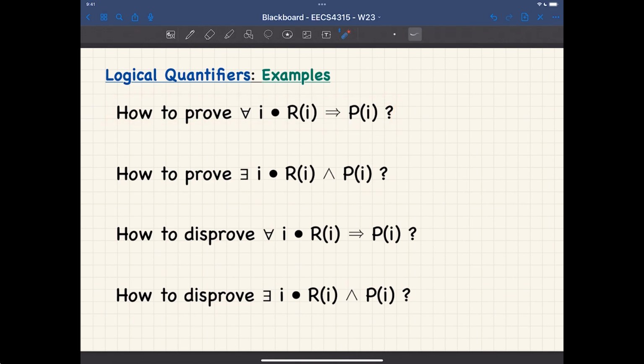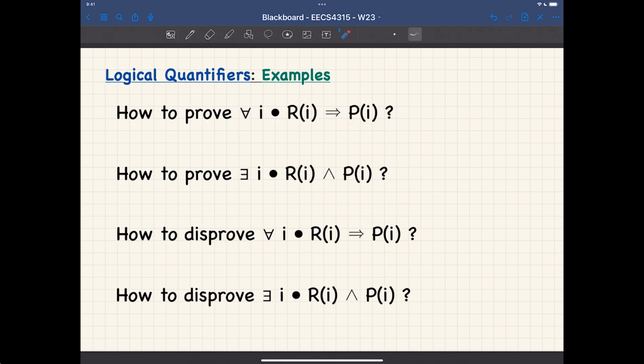How are we supposed to prove that this universal quantification is actually true? There is more than one way. Patrick, you may want to say one. Assume something, and then do some logic, and then show that P of I is true. Absolutely.